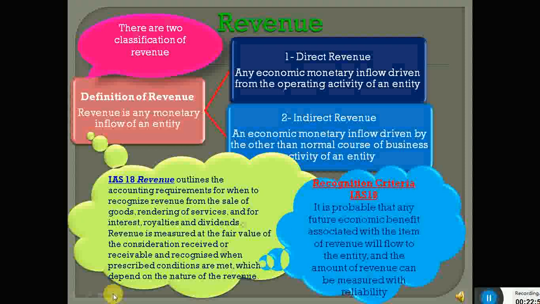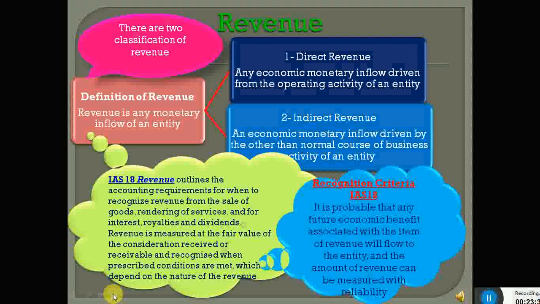Once you dispatch the order and your customer accepts the goods, it is realized that the revenue is now recognized and it is probable that revenue will flow into the entity. This depends on the nature of the revenue. Definitely there are various conditions. This will be discussed in our later studies.